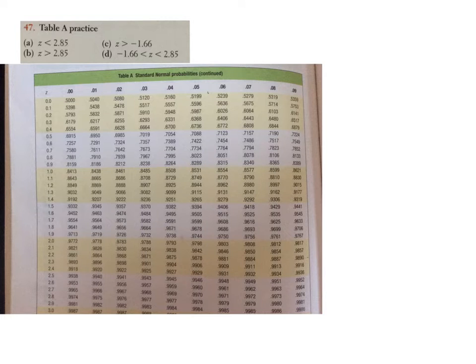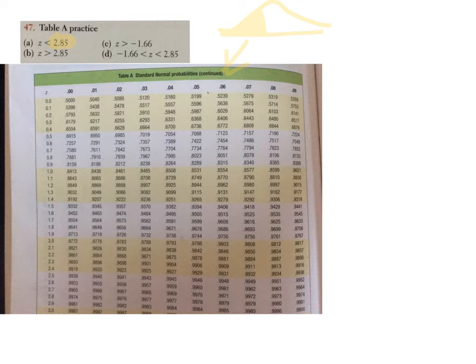This page that I just took a picture of comes from the back of your book, page T2. There's T1 and T2, Table A, in the very back of your book. So this is 2.85 for the z-score. Now, all of these values are going to give you the area to the left of the value.